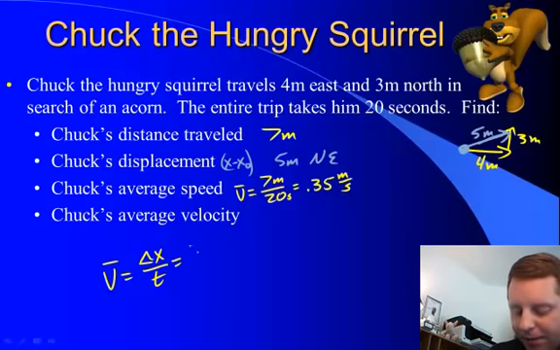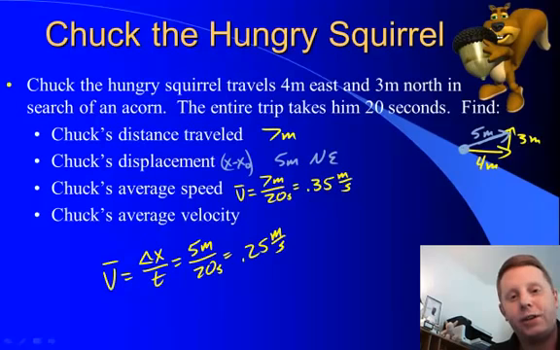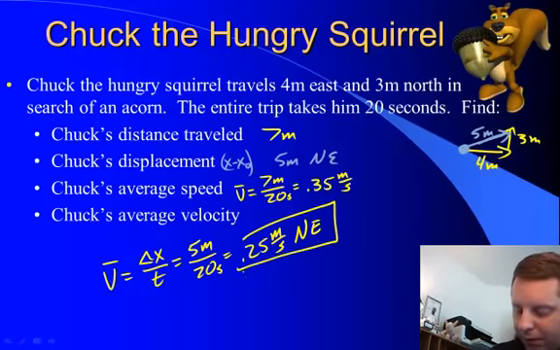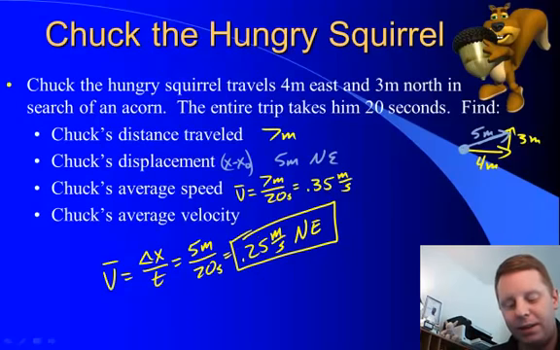Well, that was 5 meters in 20 seconds, or 0.25 meters per second. And since velocity is a vector, it again needs a direction, northeast. So 0.25 meters per second northeast is Chuck's average velocity.